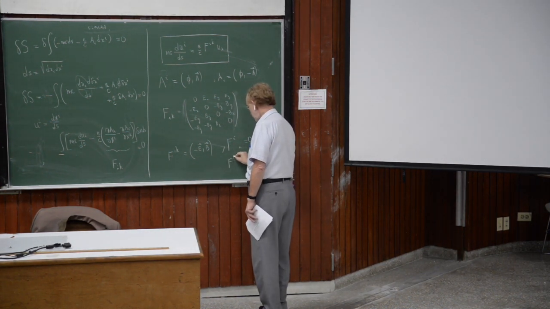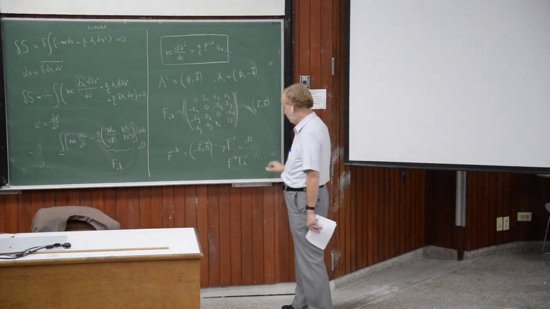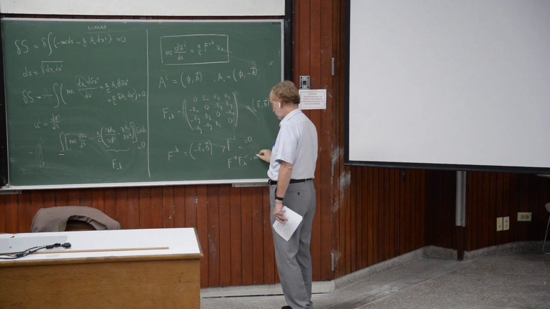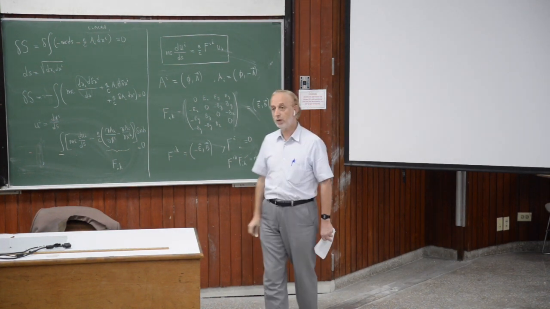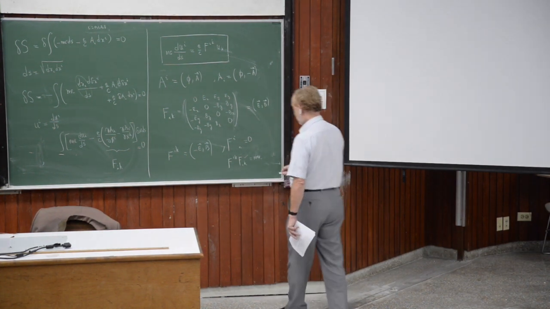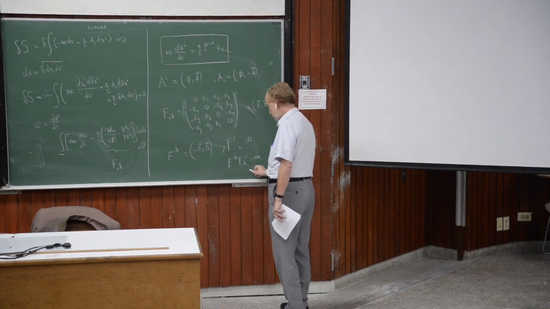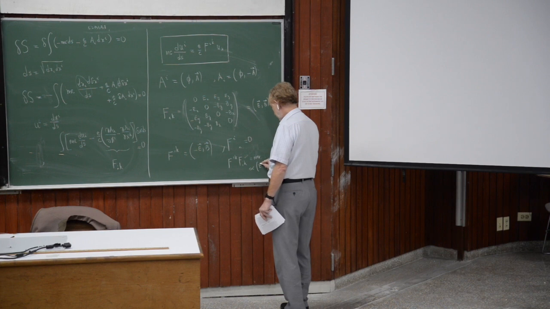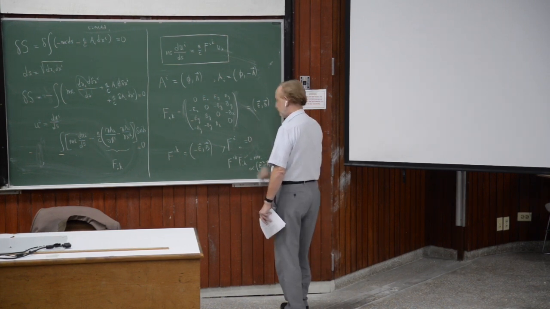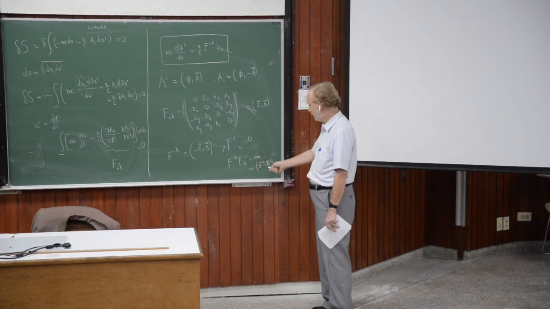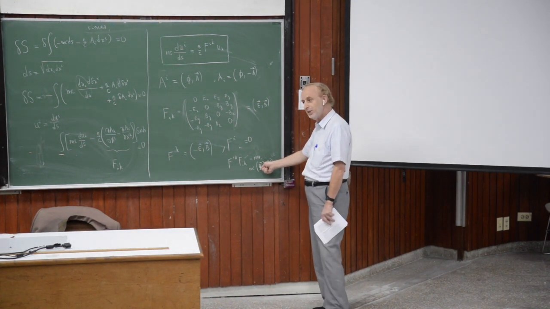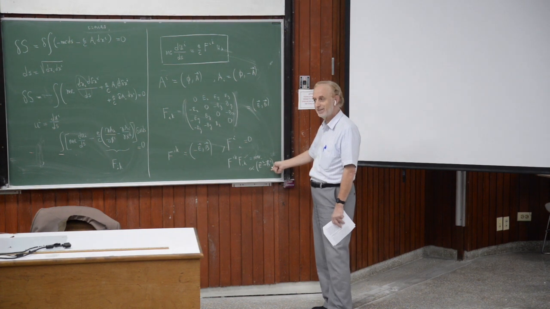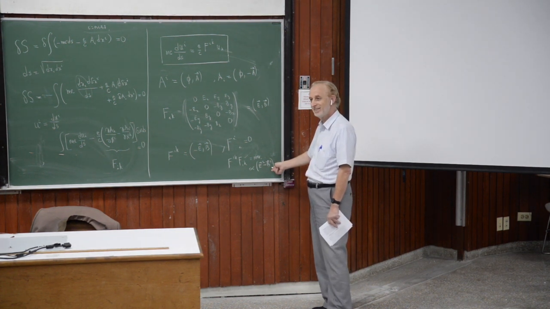So I can have this one. That's an invariant, definitely. It's a Lorentz invariant. Okay? And if I write it in component form, this is proportional, I don't know, it's plus 2 or minus, so I'm not sure, to E squared minus B squared. So this is like kinetic energy minus potential energy. Okay?